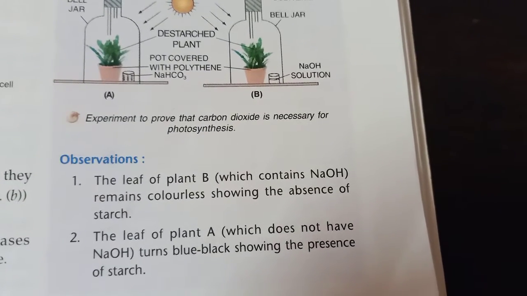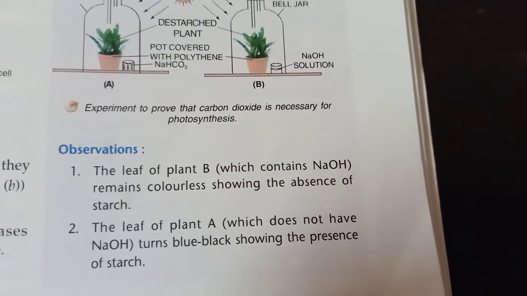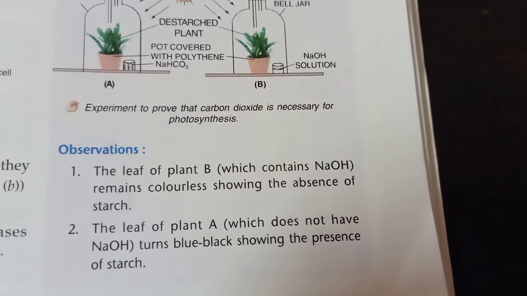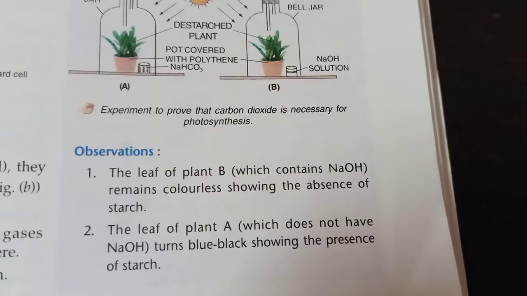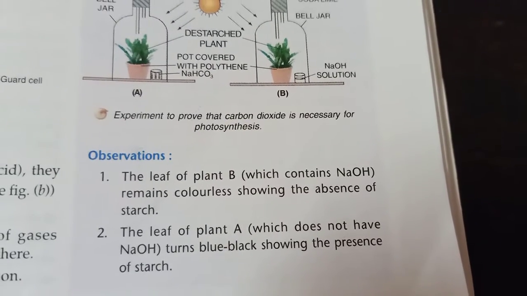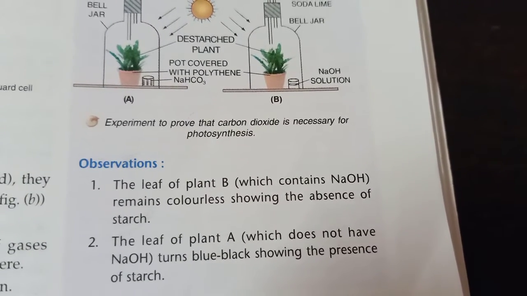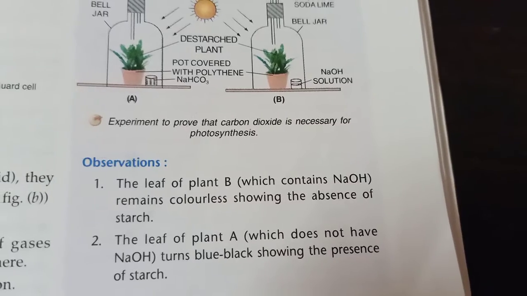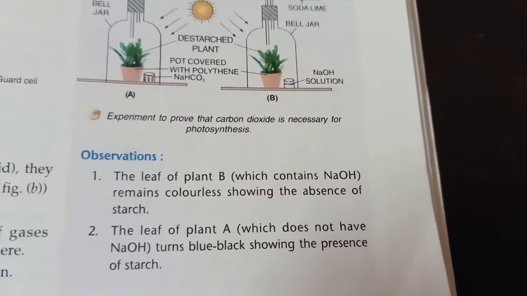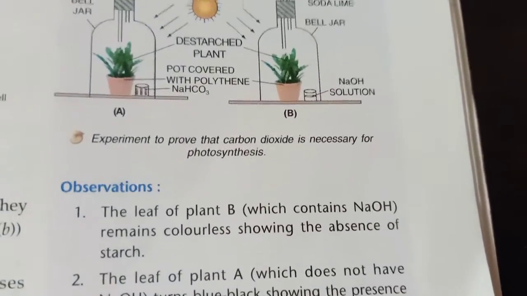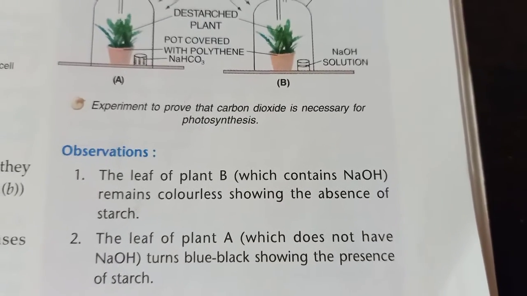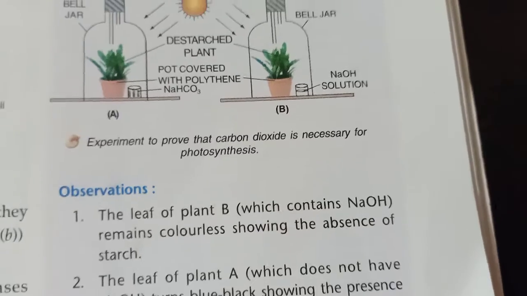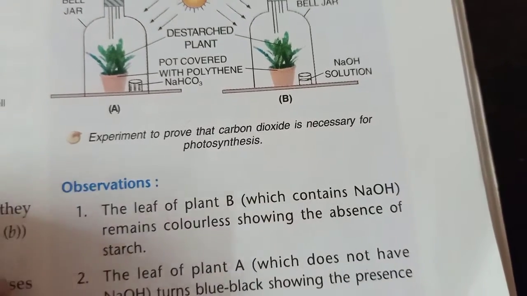Then the leaf of plant A, which does not have soda lime, turns blue-black, showing the presence of starch. So in setup A, which contains the sodium bicarbonate, the leaves turn blue-black, and this blue-black color shows the presence of starch.